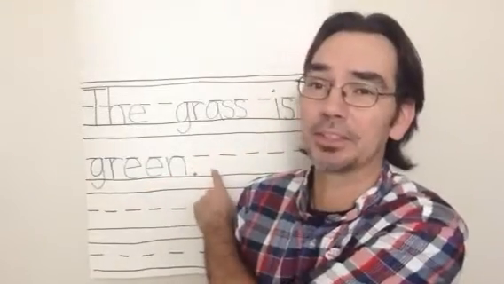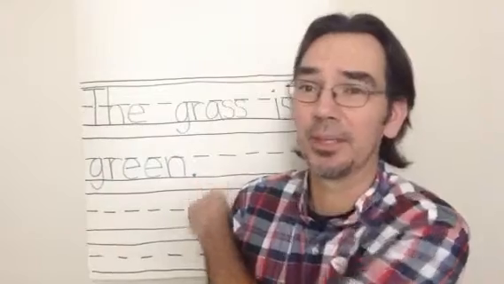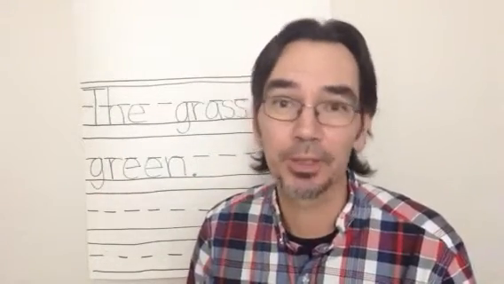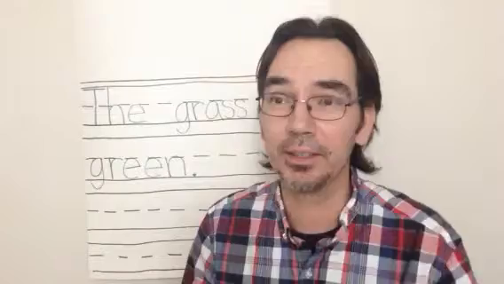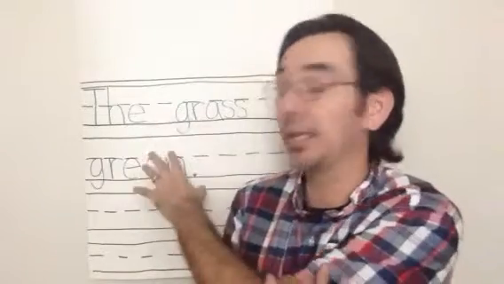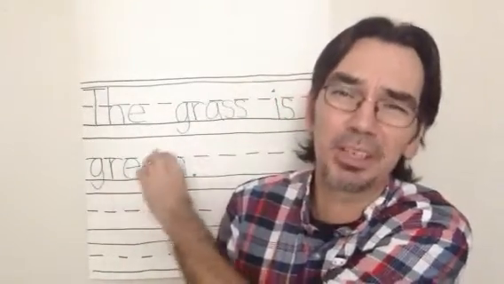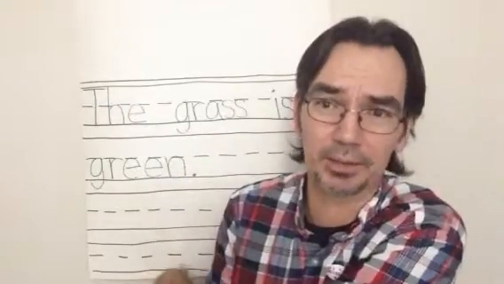Instead, I'm going to start my new sentence right here. These aren't related sentences, and they don't have to be for this practice. Normally when you're sharing a page, it's going to be on the same subject. So if I'm writing about the grass is green, I'm going to continue talking about the grass throughout this page.